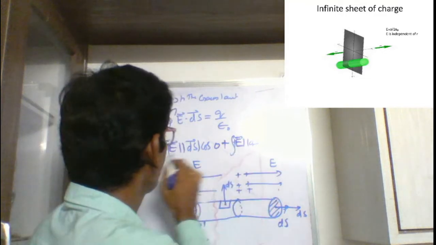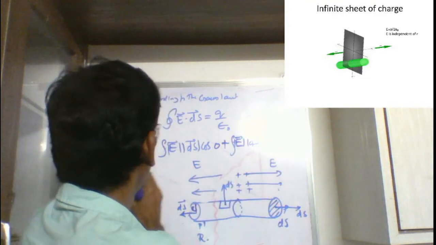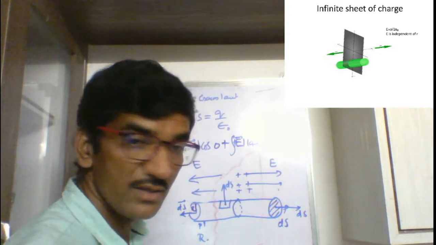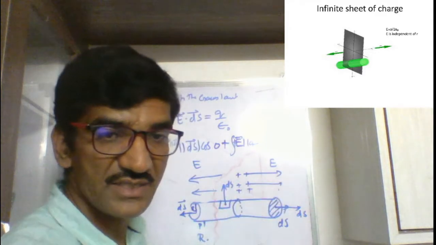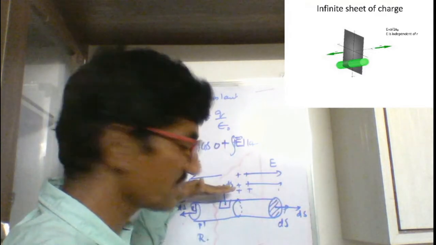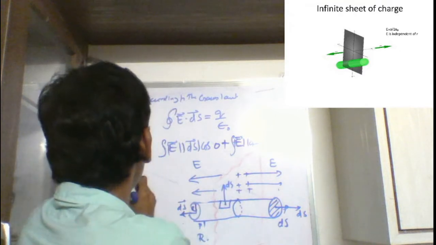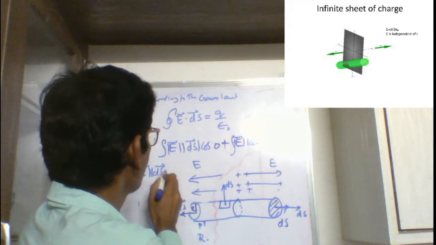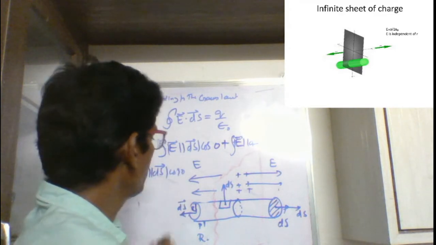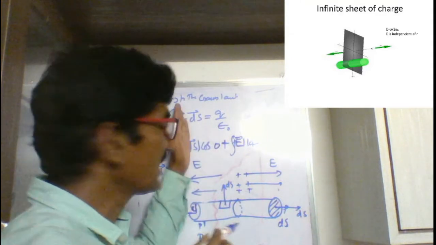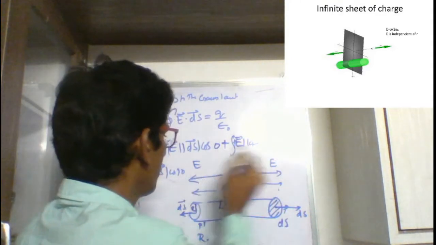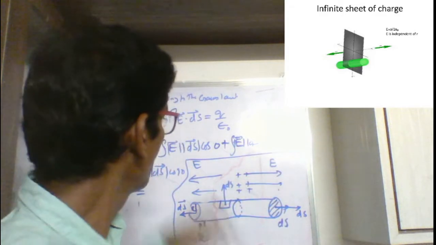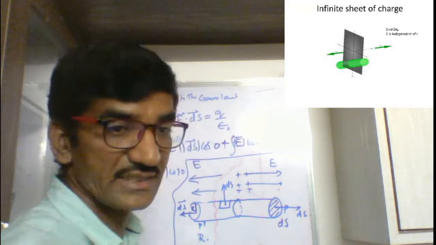Next, plus this lateral surface where ds is perpendicular to E, that means theta is 90 degrees. This is ds, this is E. Integral E ds cos 90. Now this LHS part is over. This diagram is different; you need not combine it with this derivation. This integral is equal to the sum of these 3 integrals.